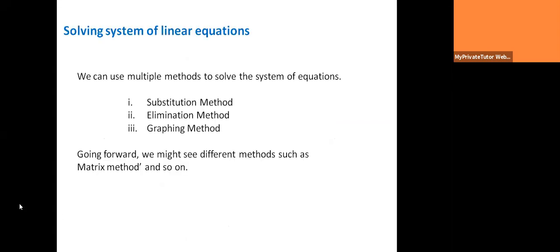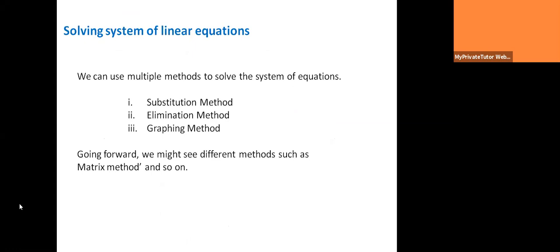Now we are going to learn how to solve systems of linear equations. For example, if two equations are given, how to find the input and output values, which is how to find the x and y values.